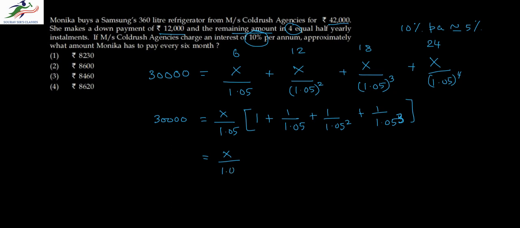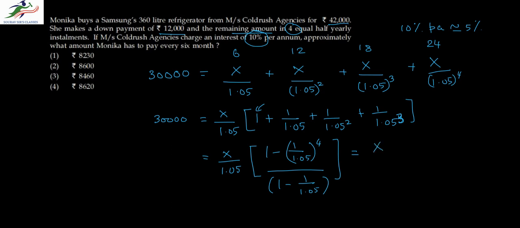X by 1.05, and the sum would be, first term is 1, so that remains, and 1 minus 1 by 1.05 whole to the power 4 by 1 minus 1 by 1.05. So this is the value of the sum, and I will first simplify the denominator. So I get X by 1.05 into, I keep the numerator as is for the time being.